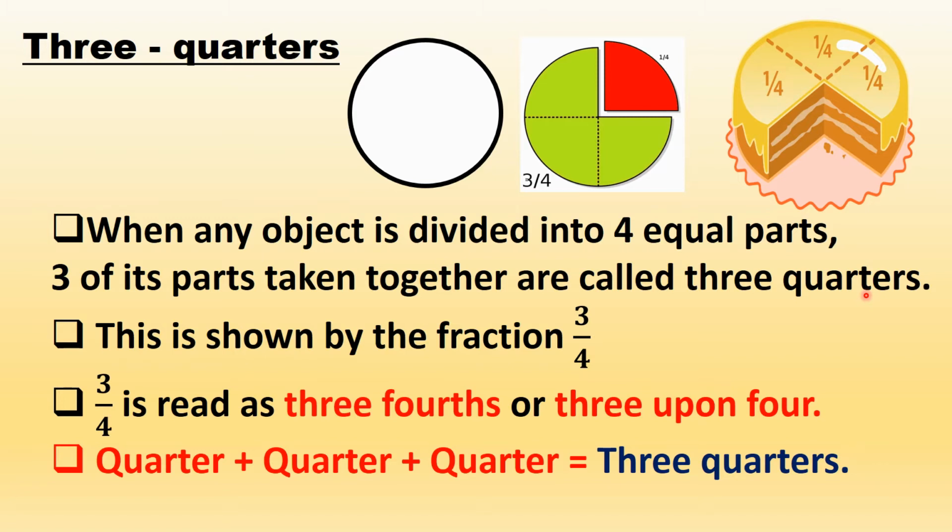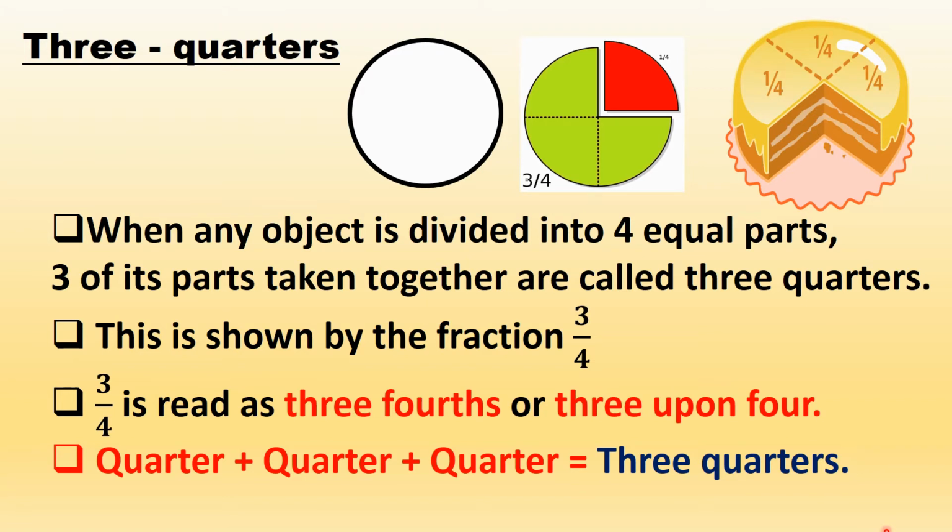Each piece is 1 quarter of the cake. Okay. Grandfather gave Raju, Rani and Pinky 1 quarter each and kept the last quarter for himself.